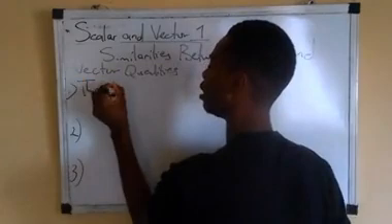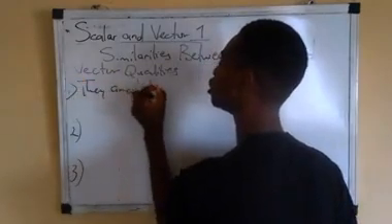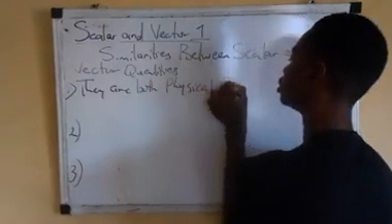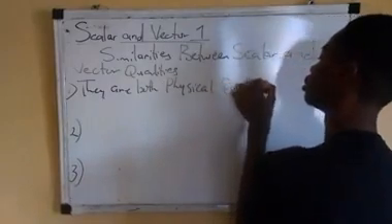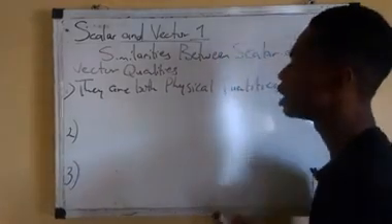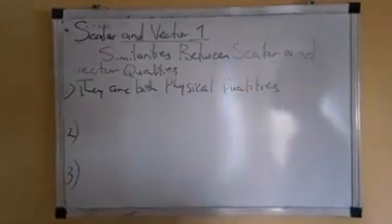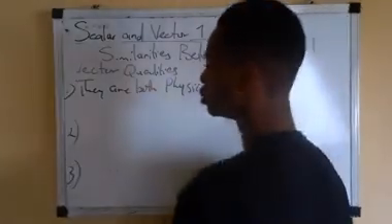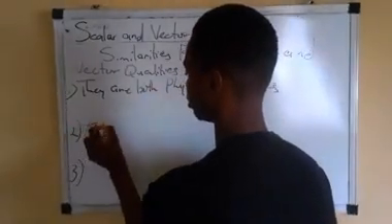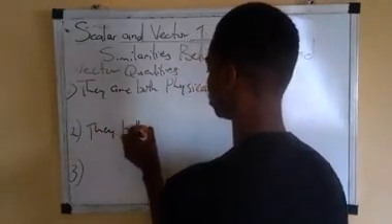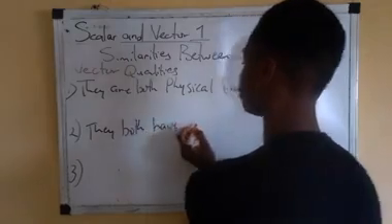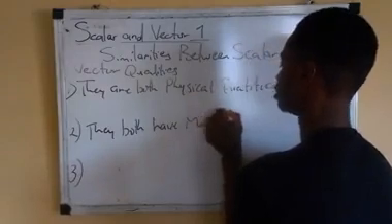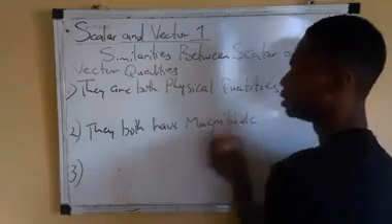Number one, they are both physical quantities. So scalar and vector are both physical quantities. Number two, they both have magnitude.